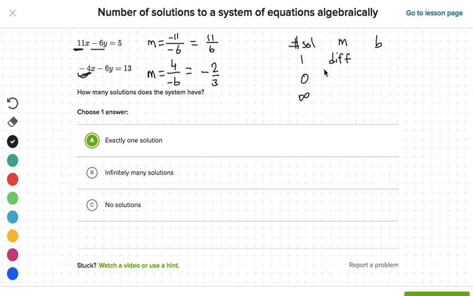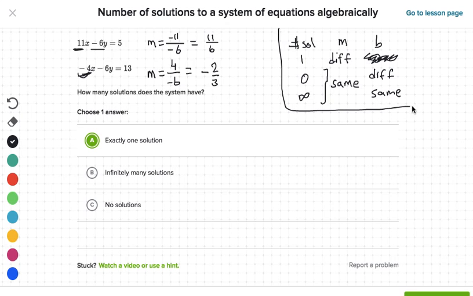If the slopes are the same, then we start to look at the y-intercept, and if the y-intercept is different, we get 0 solutions, and if it's the same, we get infinitely many solutions. So this is a pretty useful chart, a pretty useful cheat sheet to take note of that you can use when trying to solve these problems.